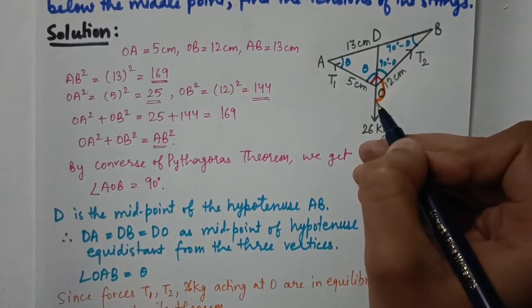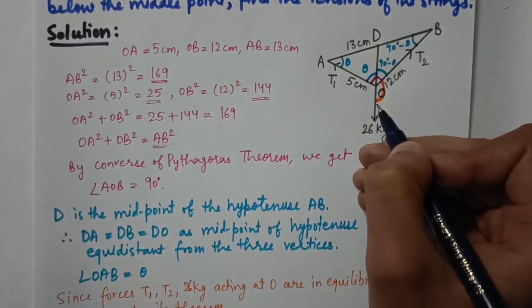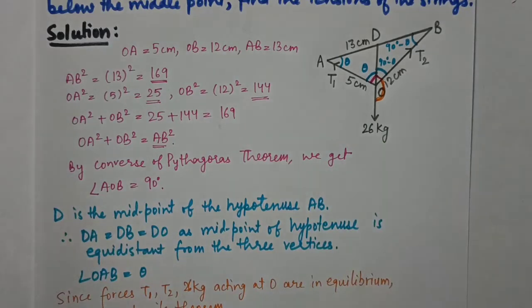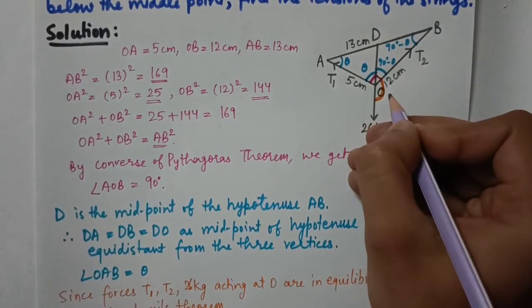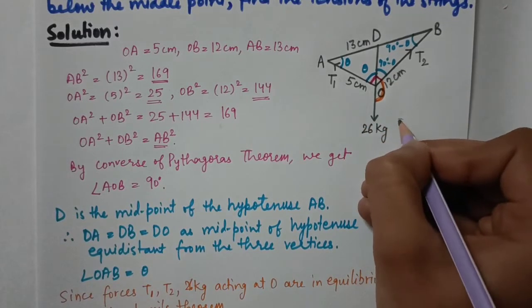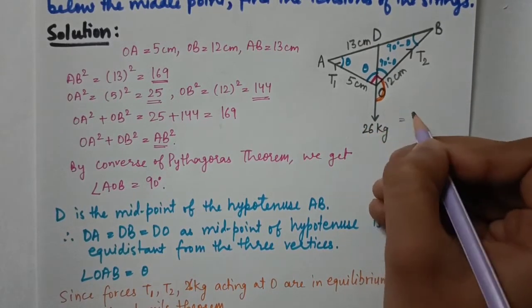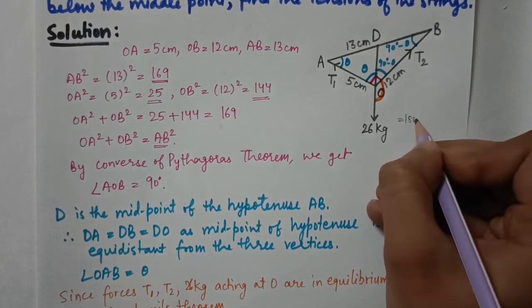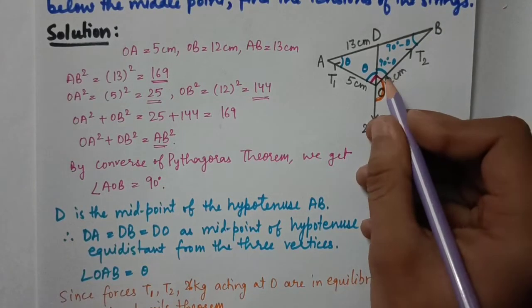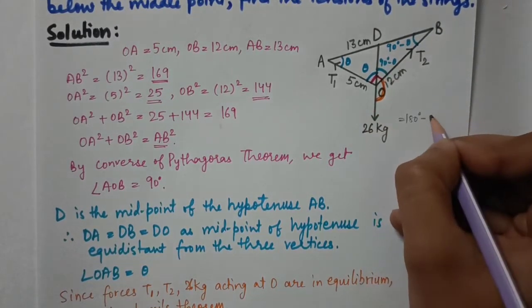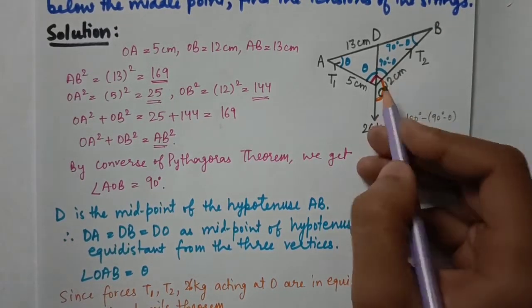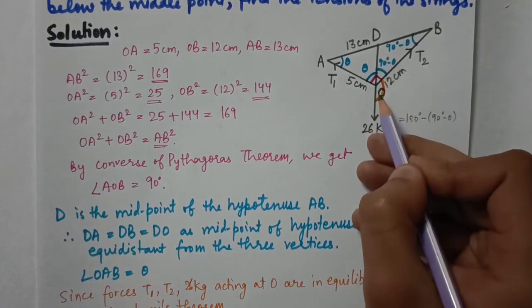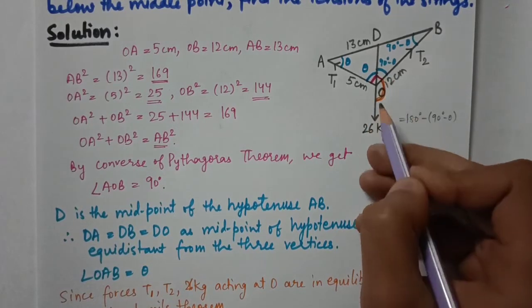So why not use the linear sum property, which means that this angle, I am just writing in rough, this might be equal to 180 degree minus this angle that we have, and this angle is 90 degree minus theta, because the sum of these two angles will be equal to 180 degree. So this is what the linear sum property says.